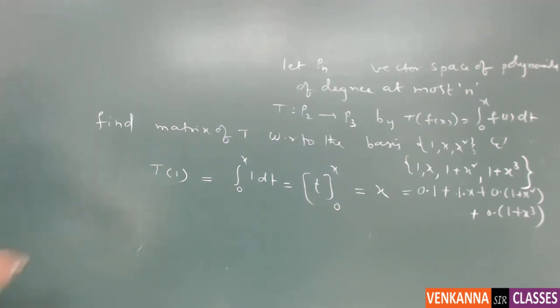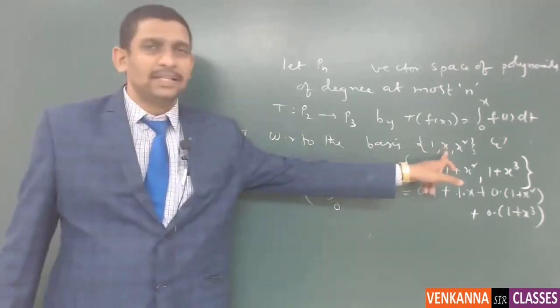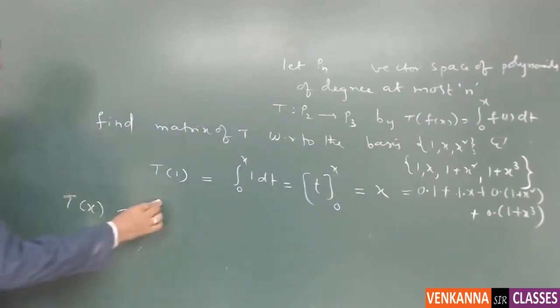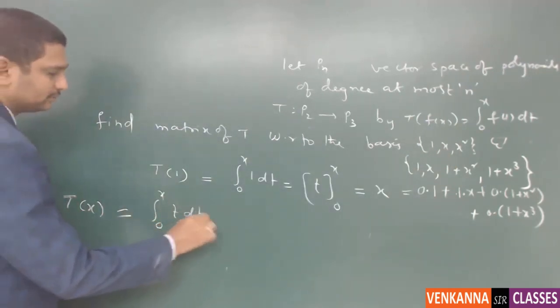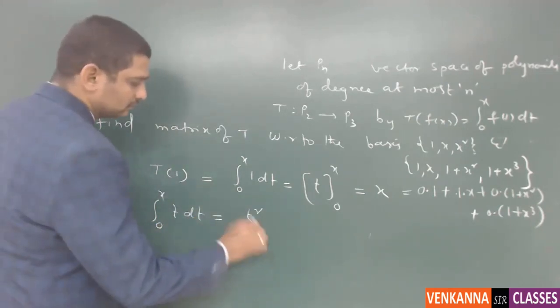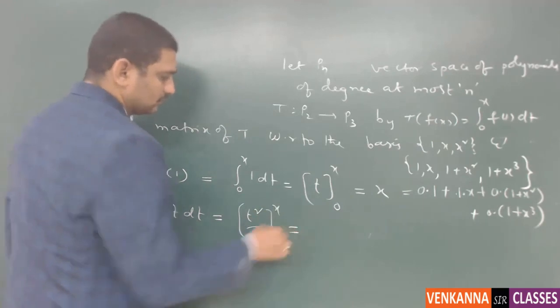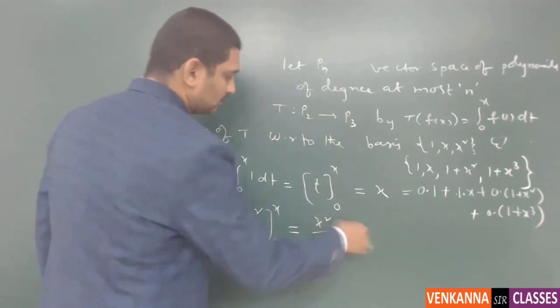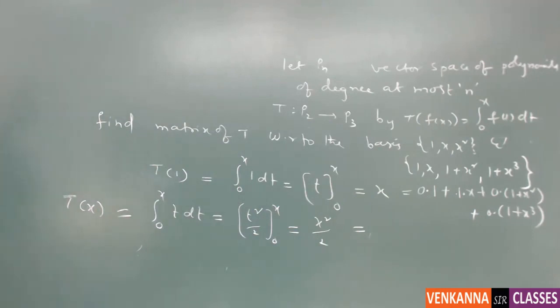I will go for one more thing. Suppose you calculate T of x. For the second element in this, I am applying this. So nothing but integral 0 to x t dt. Now I need to apply the codomain basis for getting a linear combination here. So how can I do it? So can I write like this?